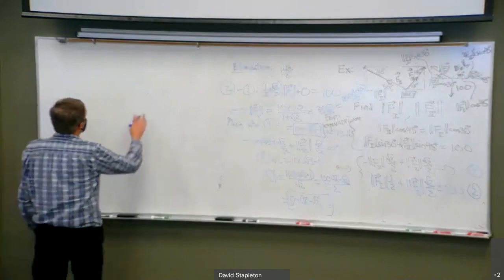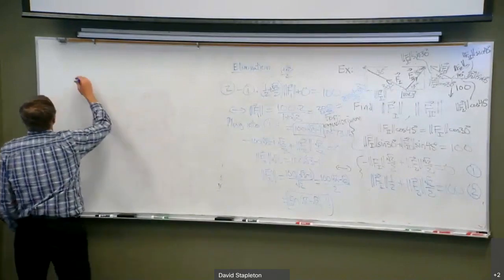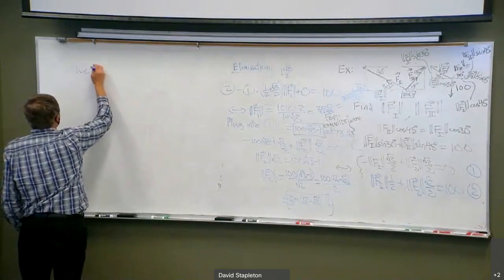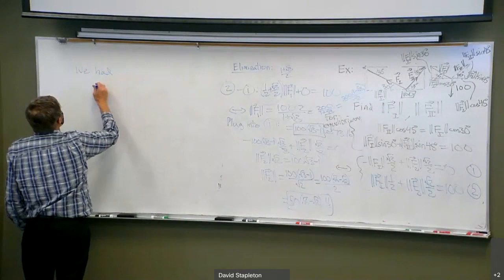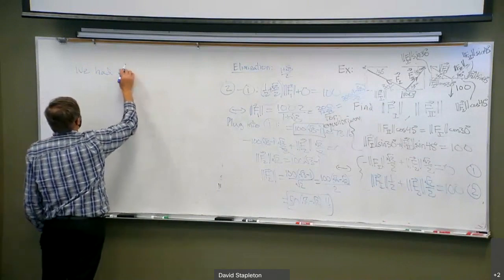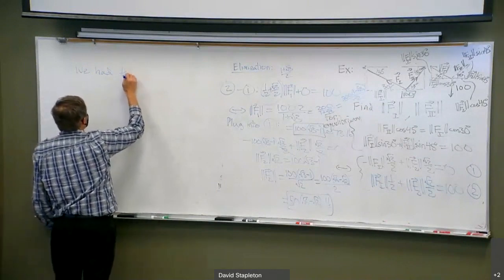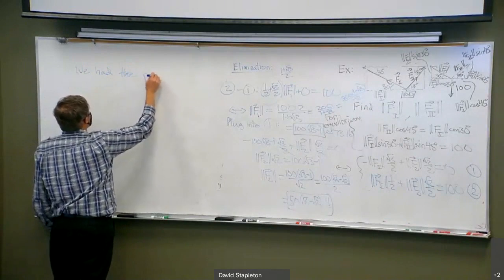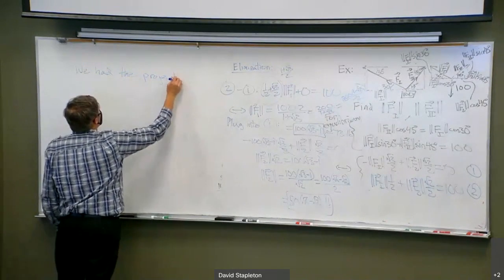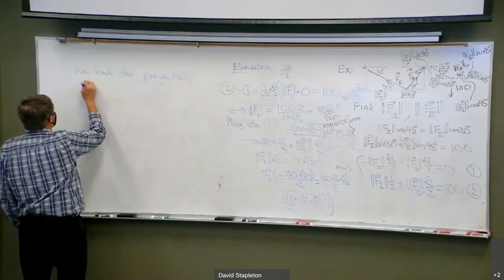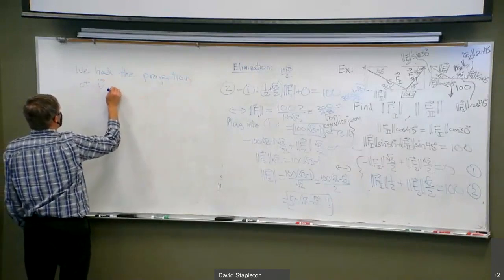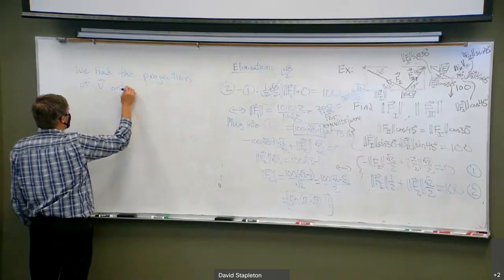Okay, well, we had last time also the projection of one vector onto another. We have yet to do a good problem on that. Projection of a vector v onto a vector u.